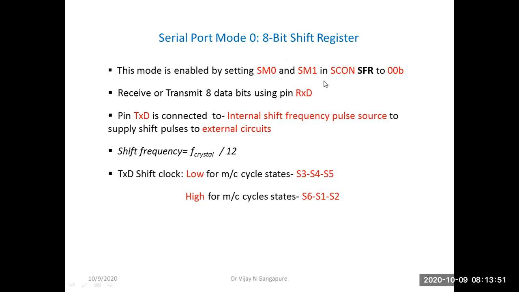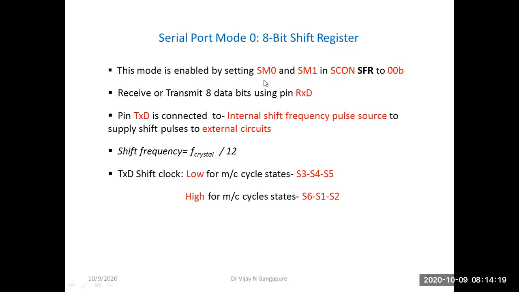Out of this, SM2 bit is used only if we are working in a multiprocessor environment, means more than one processor or microcontrollers are there in the embedded system. So if single microcontroller is there in your embedded system, then there is no use of SM2 bit.